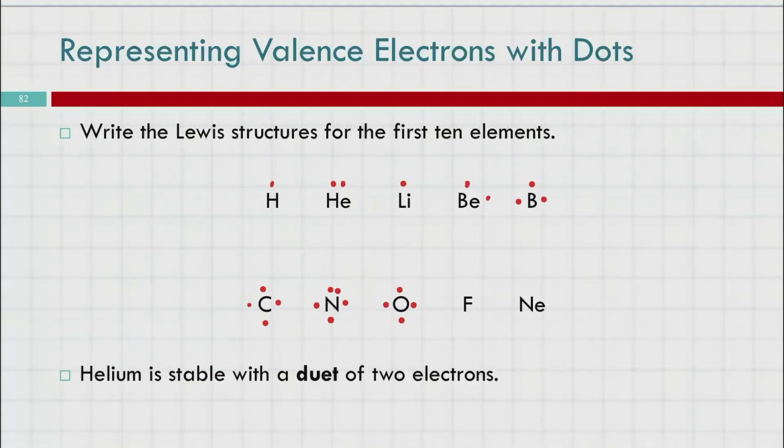We saw oxygen earlier, it has 6. Fluorine has 7. So we draw 7 dots around it. And then neon is our completely full octet. So we're just filling in the number of dots for however many valence electrons we have.